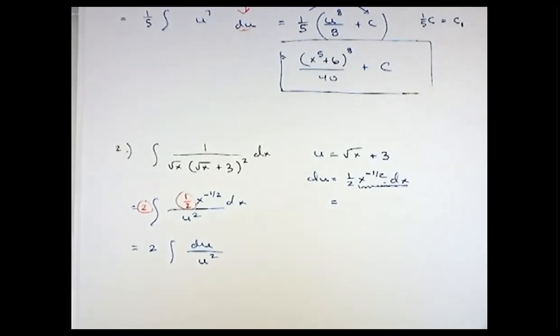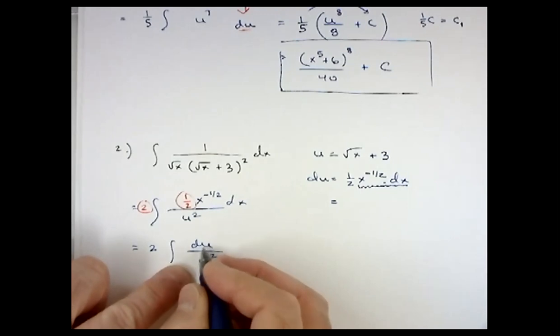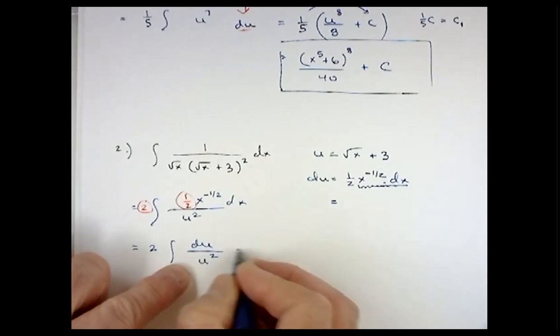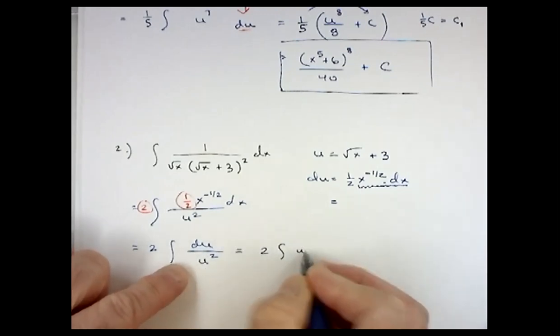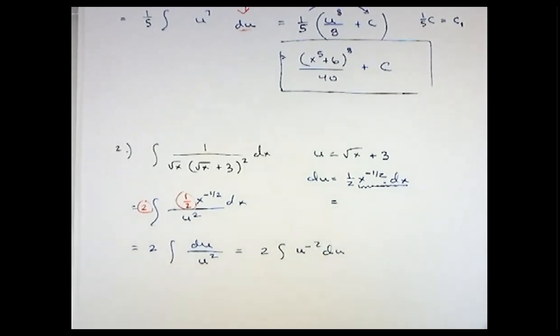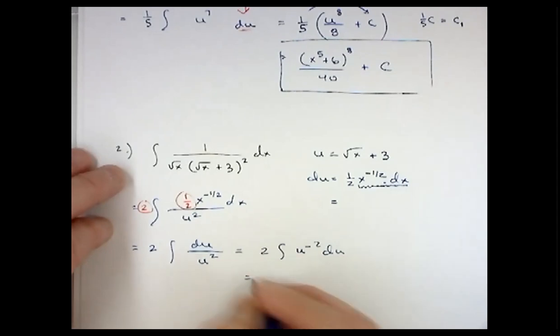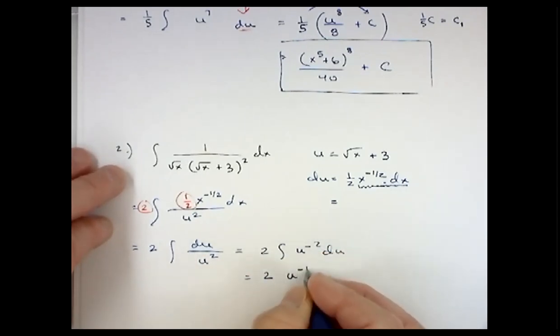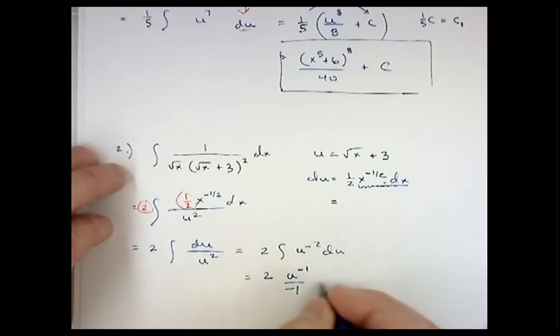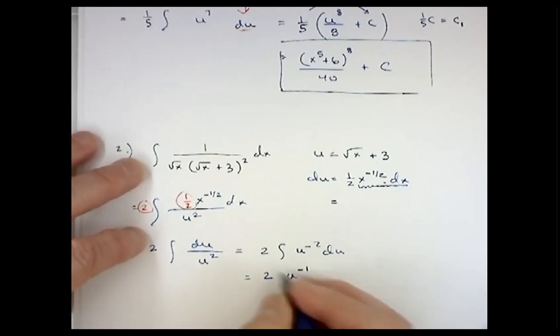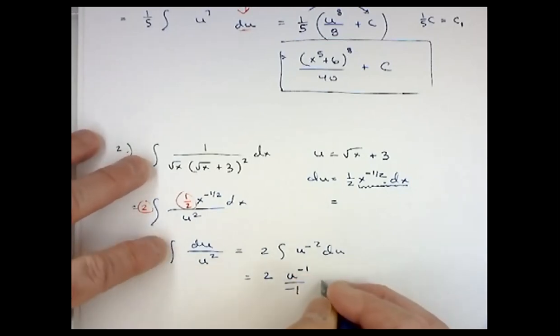And then remember to integrate it, unless it's just 1 over u to the first, what you're going to want to do is bring that up as u to the negative 2. And then power up, right? It's u to the negative 1 divided by negative 1. I get lazy sometimes.